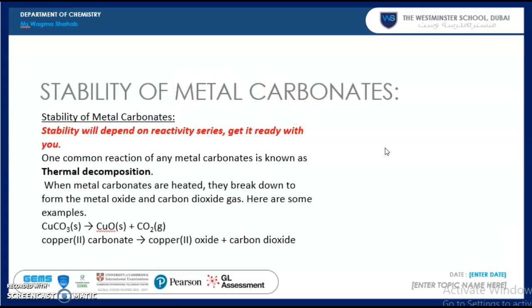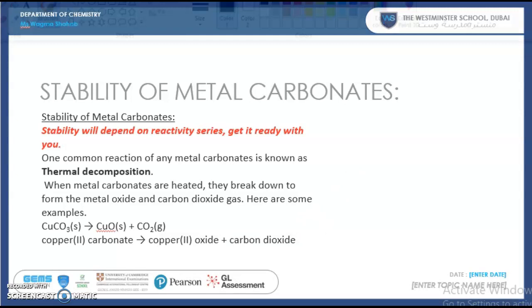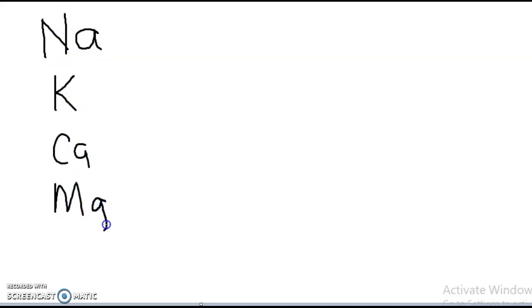In order to understand the stability of metal carbonates, I'll just tell you how stability varies from metal to metal. I'm using a paintbrush. For example, we have metals in the reactivity series such as sodium, potassium, calcium, magnesium, and others.